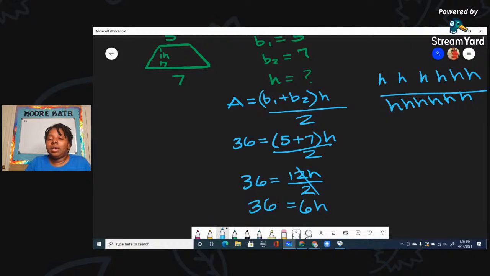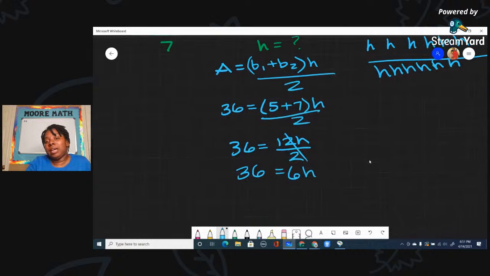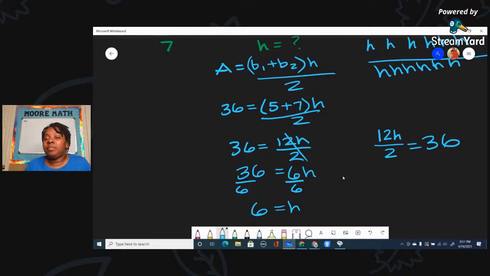Okay? And 6h, or 6 times what, equals 36. We can divide by 6 on both sides, and we get h equals 6. Another thing you can do is, instead of dividing these two, multiply both sides by 2 first.